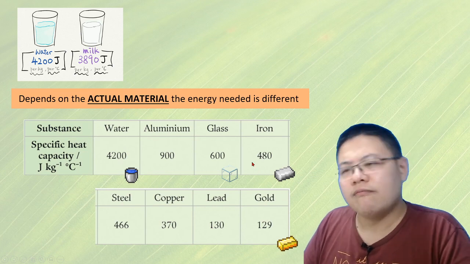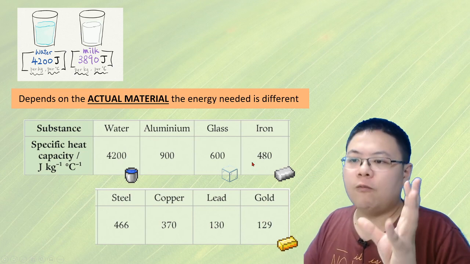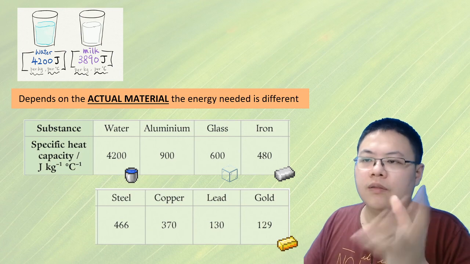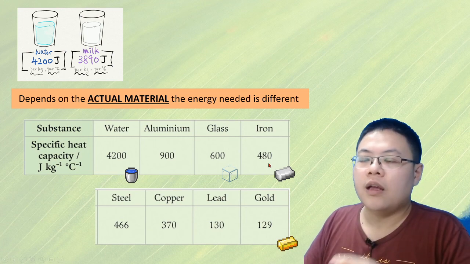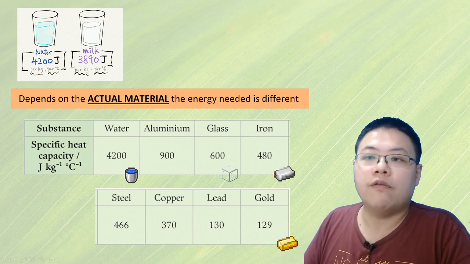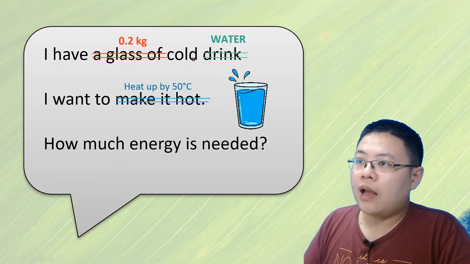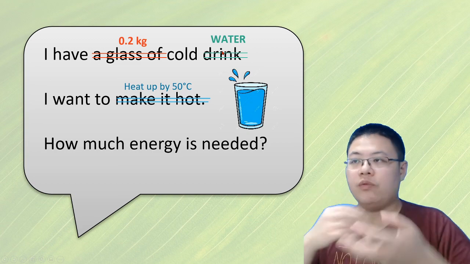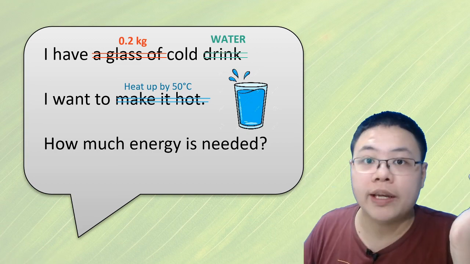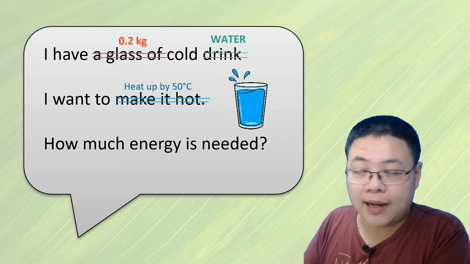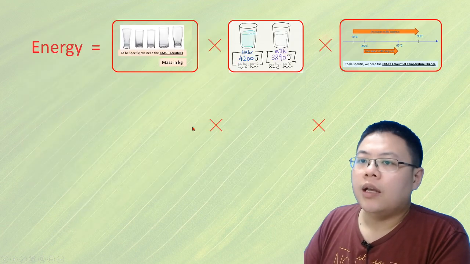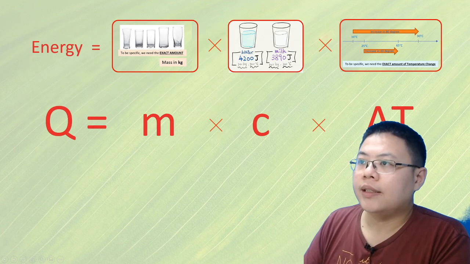Okay, we'll see what the properties are, what we derive, but let's make use of what we have learned for now. So apart from just a drink, we have to say what type of drink it is. So let's use water, and then we want to calculate the energy.